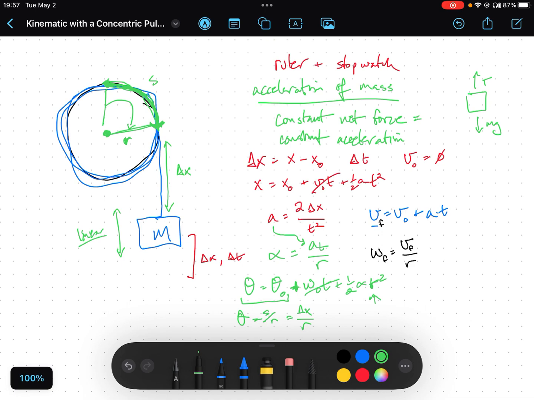I'm going to be looking for you to be able to show me that you can take a rotating object and think about linear motion at a point on the edge of that rotating object and think about the angular motion of the object as a whole and easily interconvert between those things by making some measurements. And the kinds of measurements that we're going to make really are going to be largely done with rulers and stopwatches, old school type stuff.